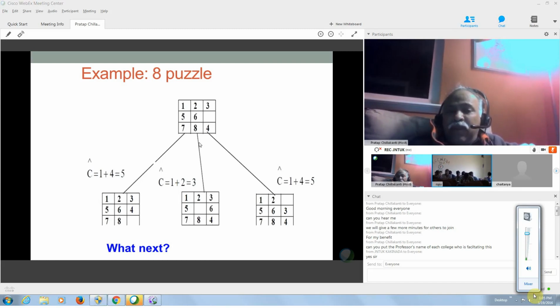Okay, so we take each of the branches. How did we come up with these things? We said that, hey, in this empty space 4 can move there. Okay, if 4 moves there, how many tiles are misplaced? 4 is misplaced, 6 is misplaced. 4 should be equal to 3, that's 4. If you see this one here, we moved 6 into this tile here.